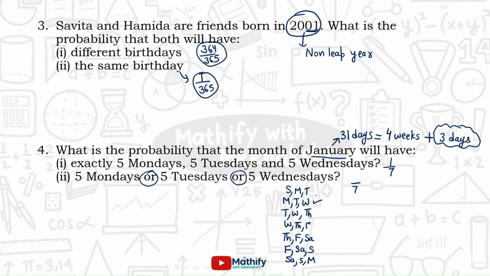If any one is coming, we will count that. So here we have Monday, here Monday, Tuesday, and here Tuesday, and also here Wednesday. Here we don't have any, so we will not count this. Here we have Monday. That means 5/7. Yes, 5/7 and 1/7. Let's move to the next question.